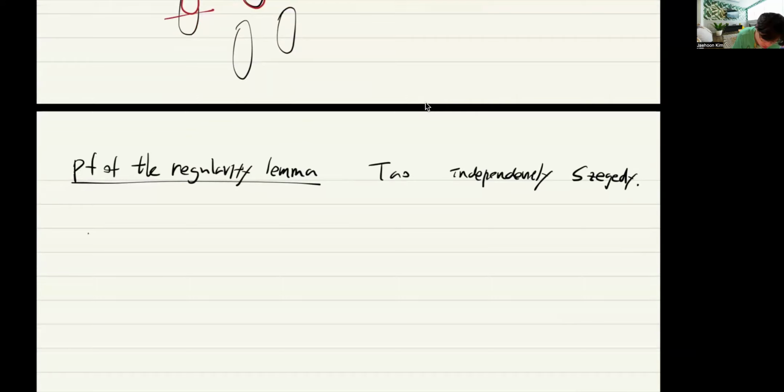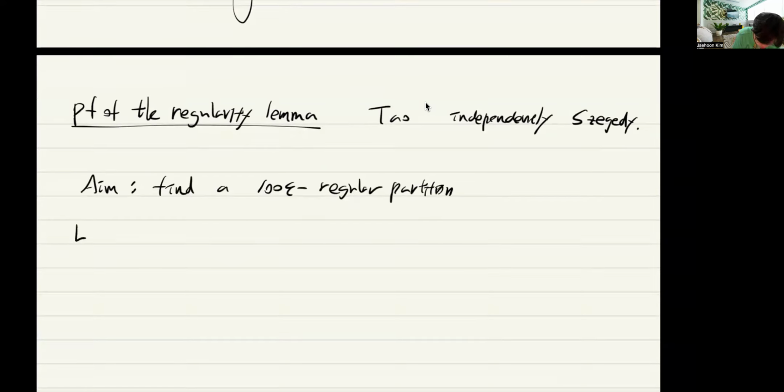So now our aim is to find the epsilon regular partition. Okay, so let the vertices be the numbers between 1 and n.